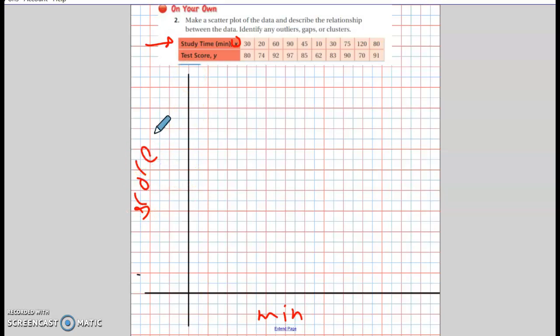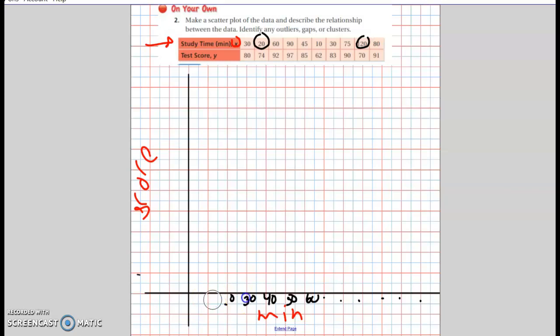And the hardest part about this, I think, is trying to figure out the scale on our graph. So our smallest number has to be a 20 on the x-axis, and the biggest one has to go up to 120. If I counted these by 10, 20, 30, 40, 50, 60, 70, 80, 90, 100, 110, 120, I can count these by tens. That's that red line.